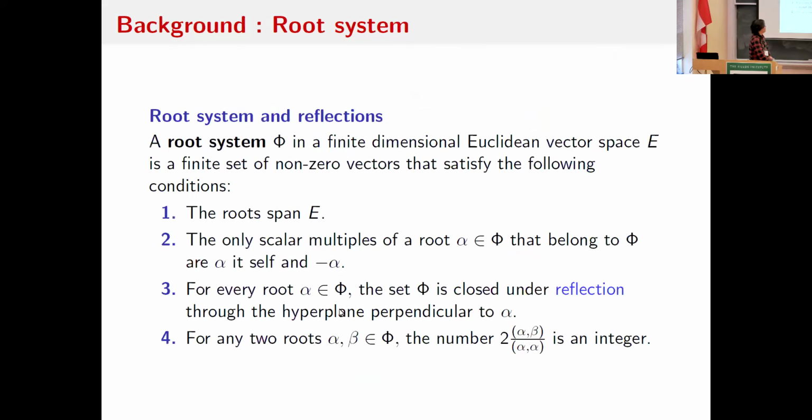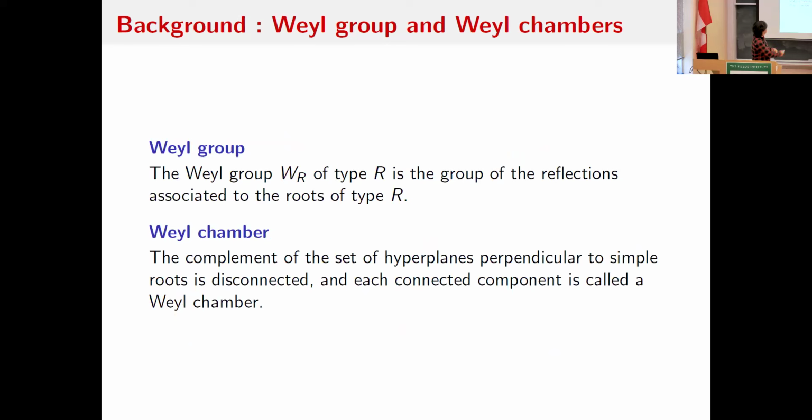A root system is a finite set of vectors satisfying these conditions. Among these conditions, the reflection in condition 3 is associated to each root, and it has nice symmetry. So we can think of the group generated by these symmetries.